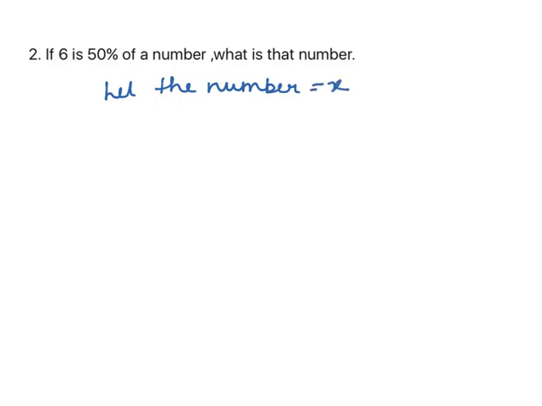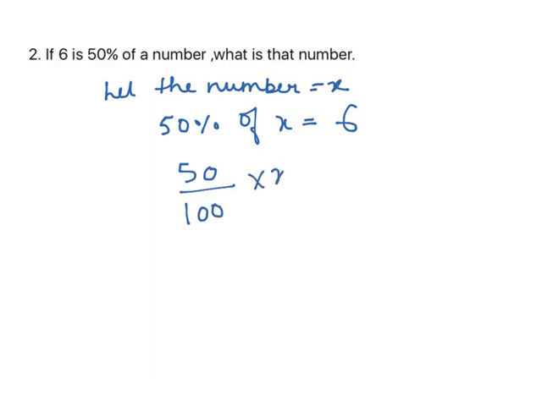Here it has given 50% of x is equal to 6. Now 50% means we will remove the percentage sign and put 100 over here, then multiply by x is equal to 6.